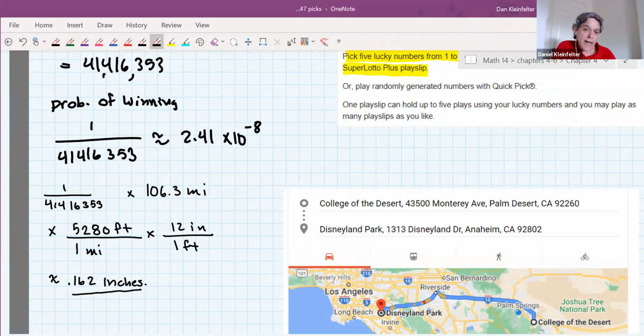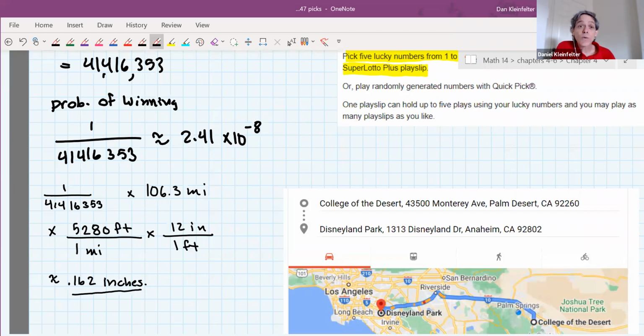When you buy the Super Lotto Plus ticket, your chance of hitting that one particular ticket in proportion to the total possible tickets is like the distance between COD and Disneyland, and a length about the width of your pinky fingernail.